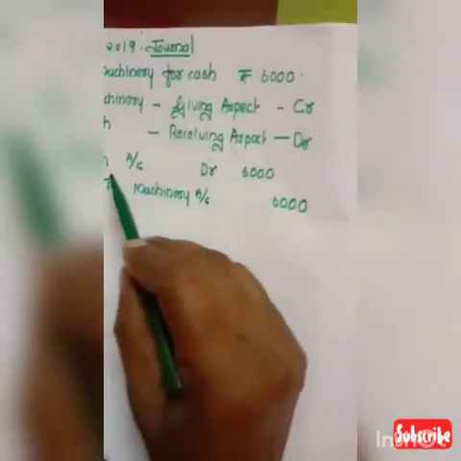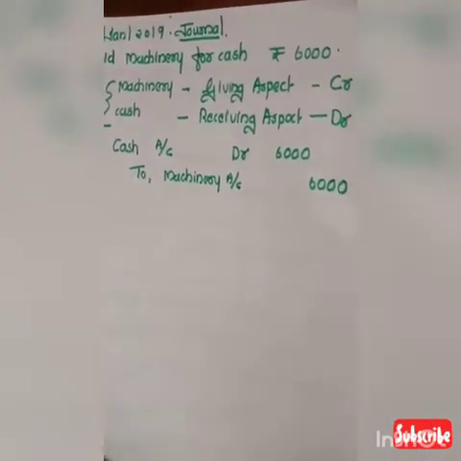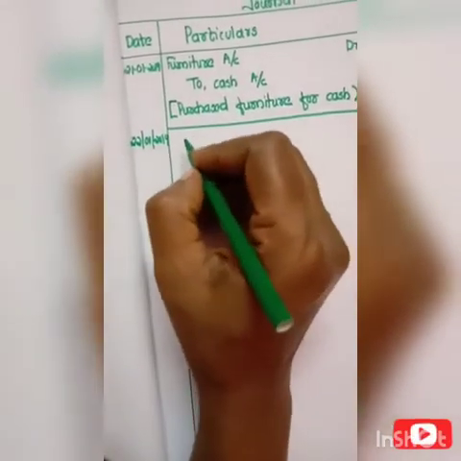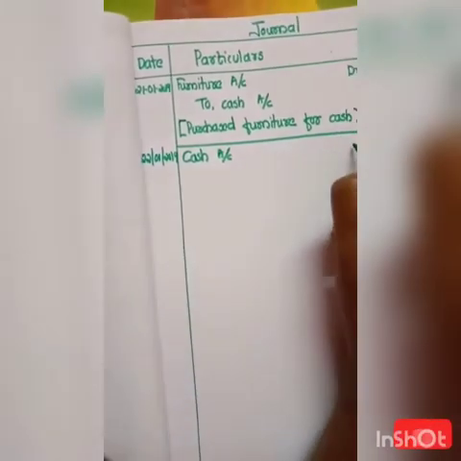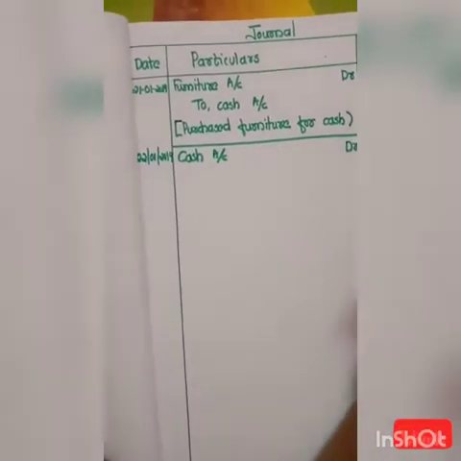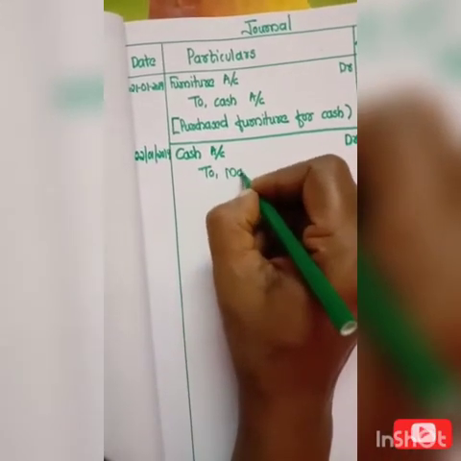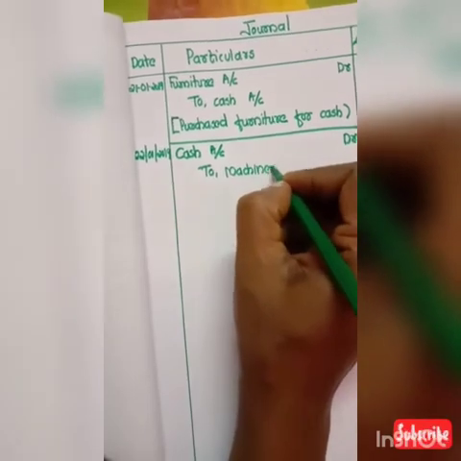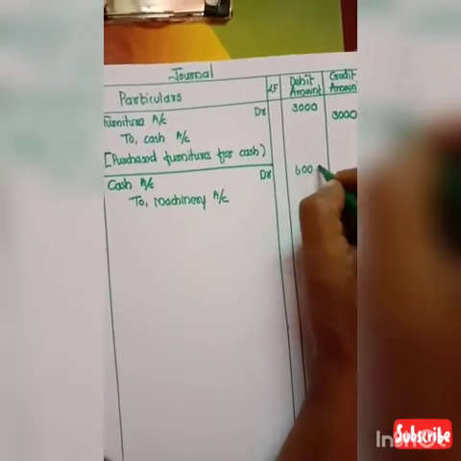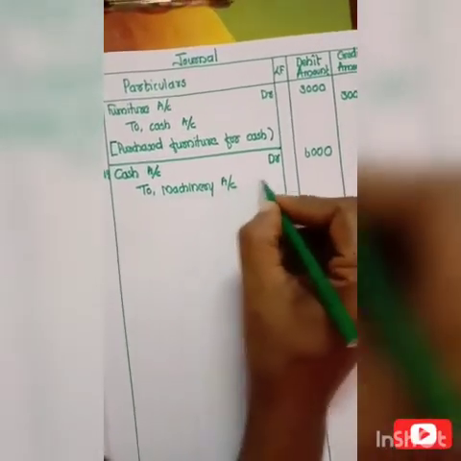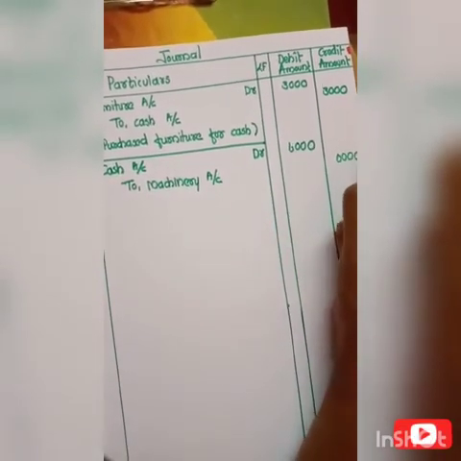The journal entry is cash account debtor to machinery account, 6,000 rupees. Machinery is credited with amount 6,000.